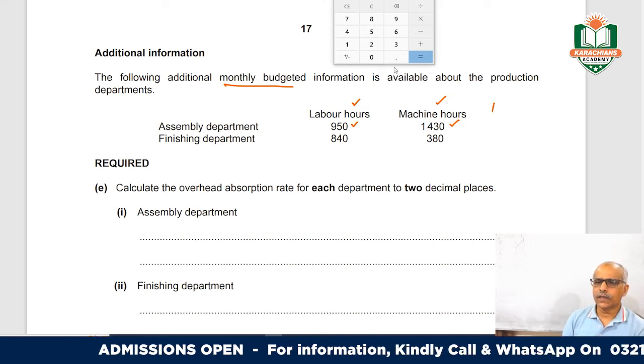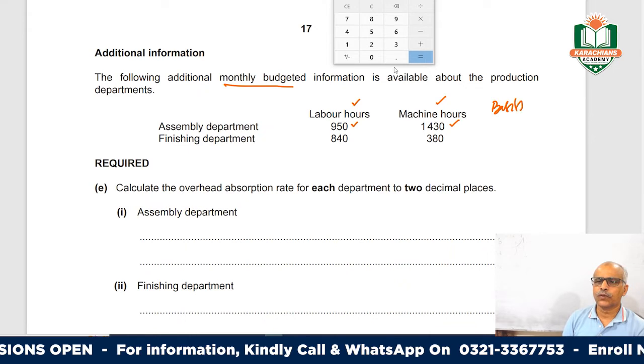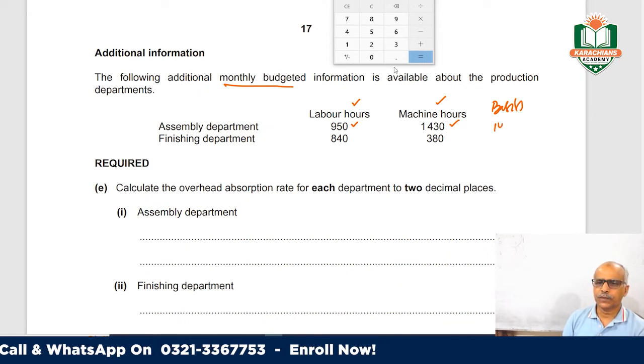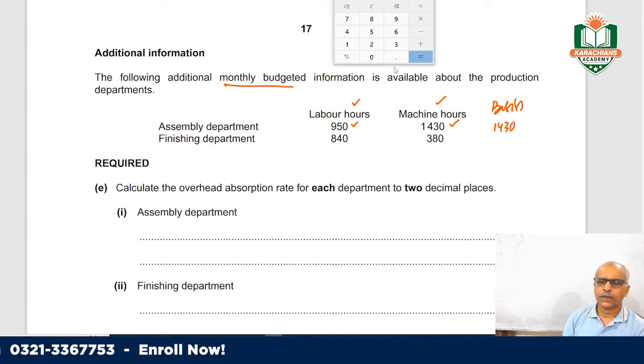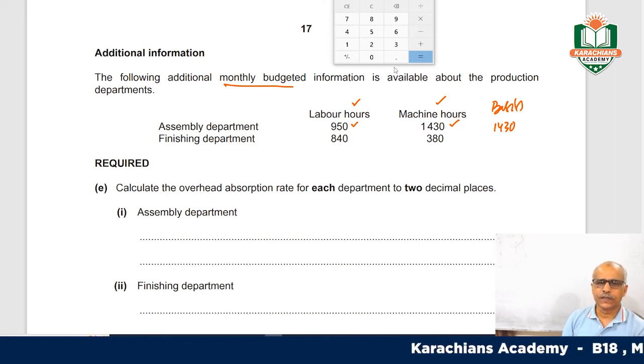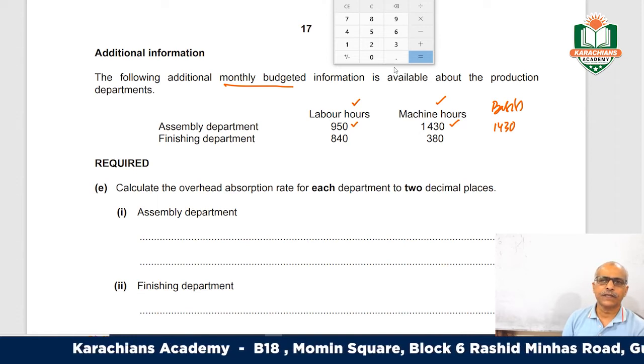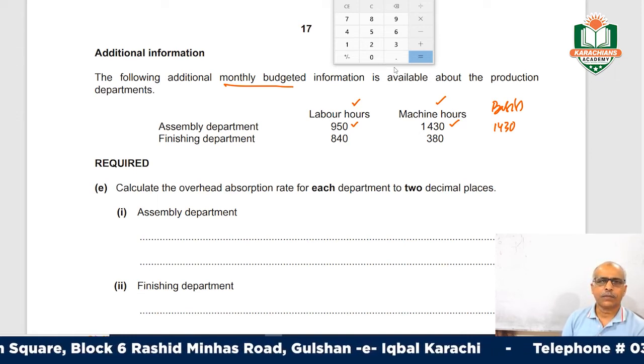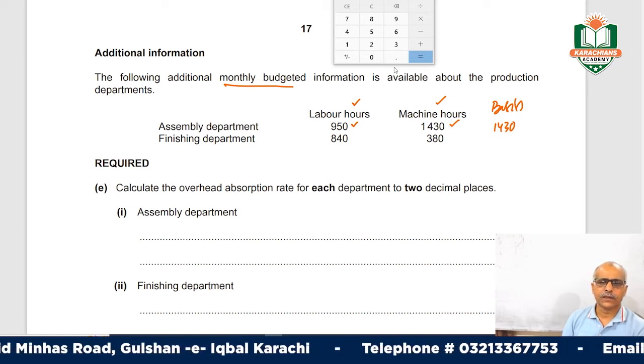So our basis for overhead absorption should be machine hours, because you have to pick the bigger one. Much of the time of this department, the machines are being used, and labor is used comparatively less, right?